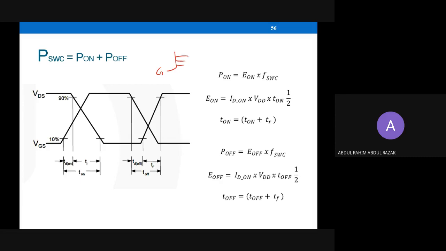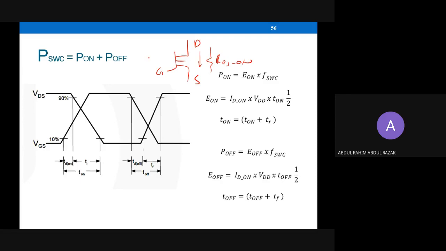We have a gate here, and we want to switch on between drain and source. So we have a resistance, which is RDS on. When we switch on, VDS will drop from the withstanding voltage down to 0.